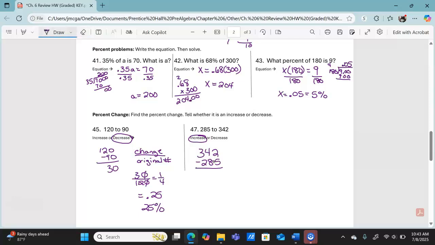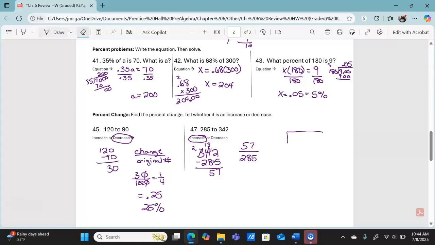So just take the bigger one minus the smaller one. You're finding the difference between the two numbers. Borrowing there, I get a 7. Need to borrow here. 13 minus 8 is 5. So I get 57. So again, we take our change and divide it by our original number, which is 285.